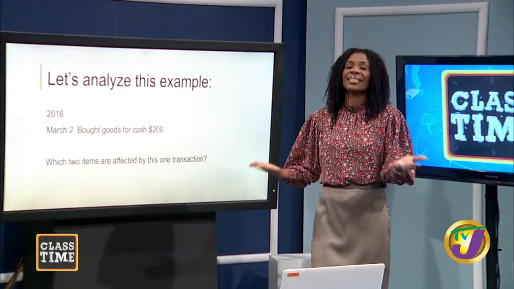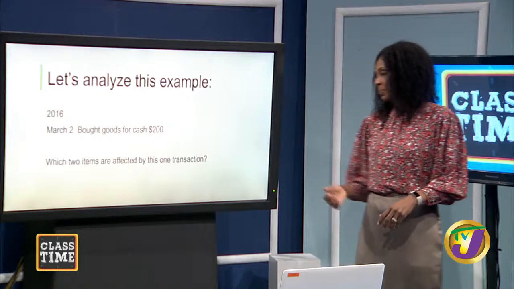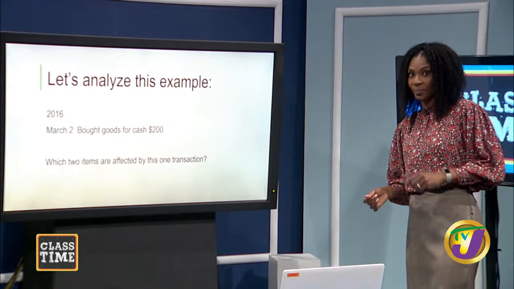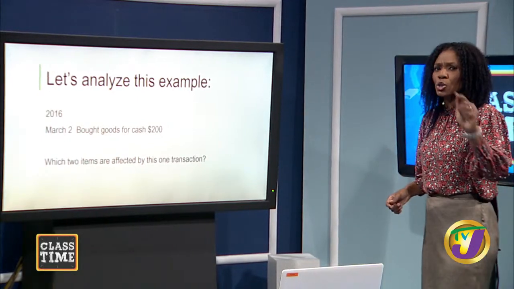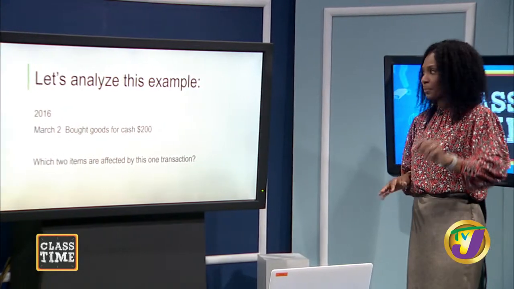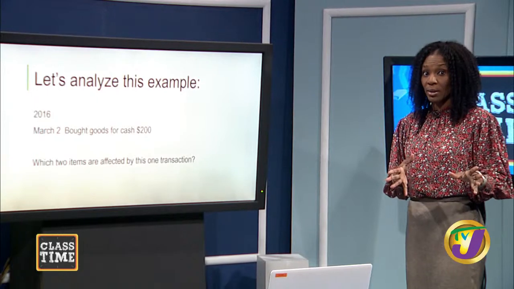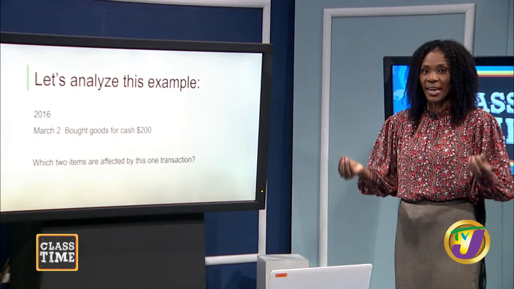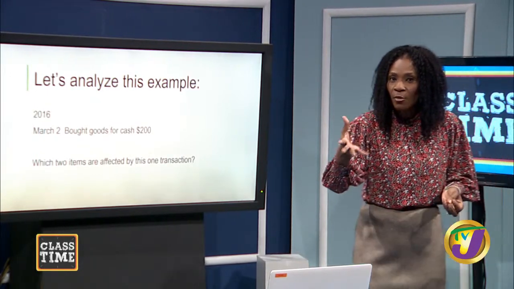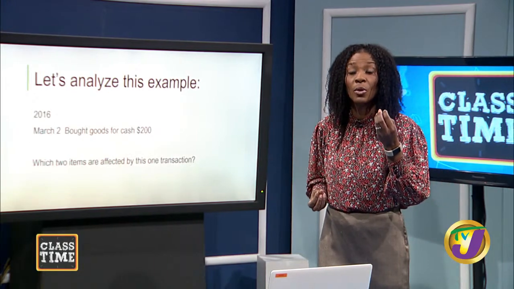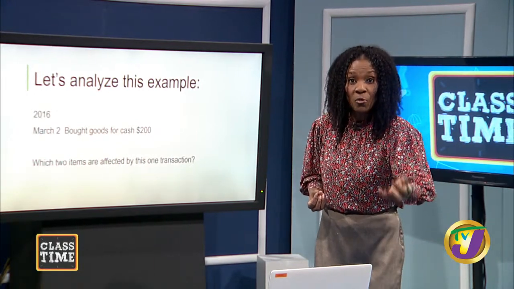Now let's analyze this example together. Ready? Good. March 2, 2016. We bought goods for cash, $200. Whether we did have goods before or we never have goods, none at all, we've bought.